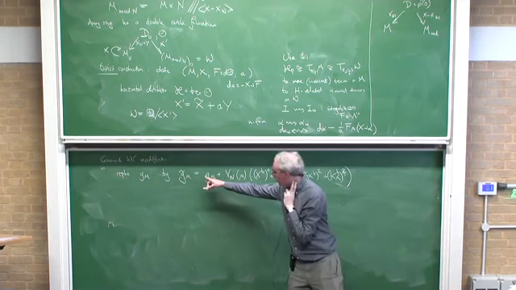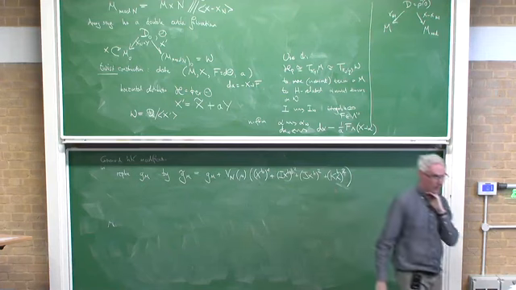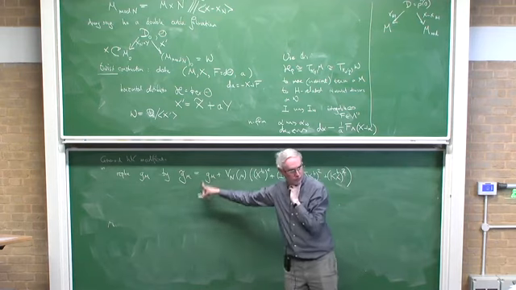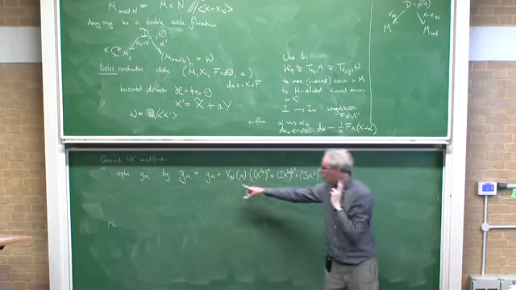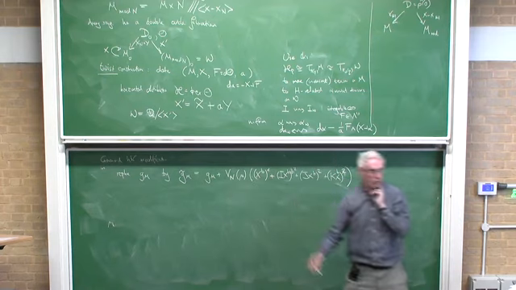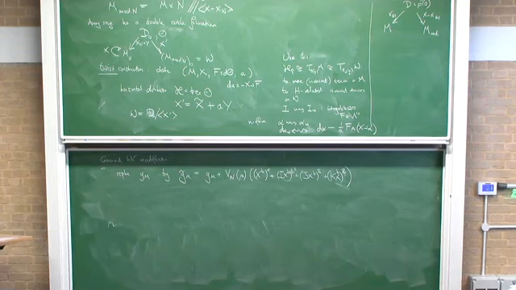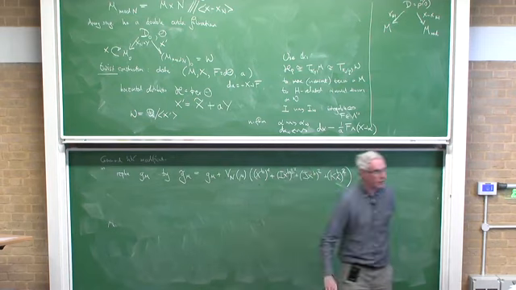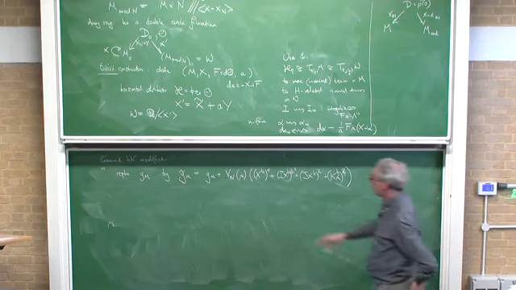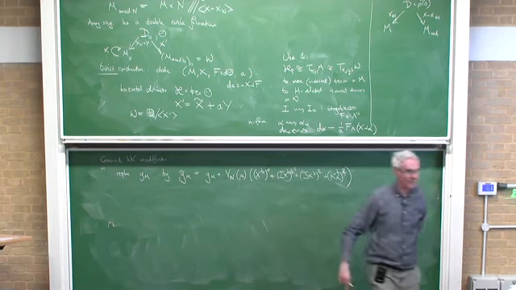But you can throw in a function here and a function here, and check: the only way you get a HyperKaehler metric out is if this function is a constant, so you can take it to be 1, and this function is a harmonic function of the moment map, but not necessarily positive. So there's a general version where you can replace this by something non-positive. The short story at this point is you can now invert the modification construction just by flipping the sign here. So you can go backwards.